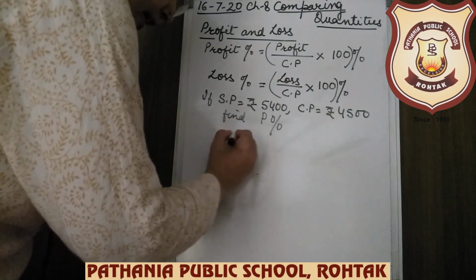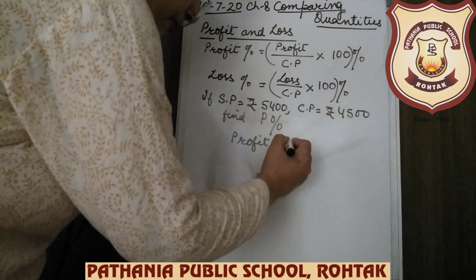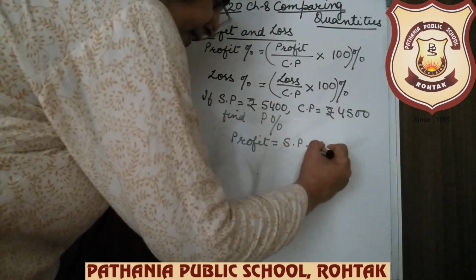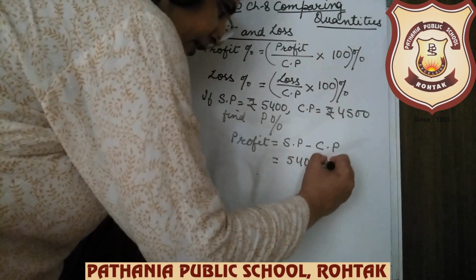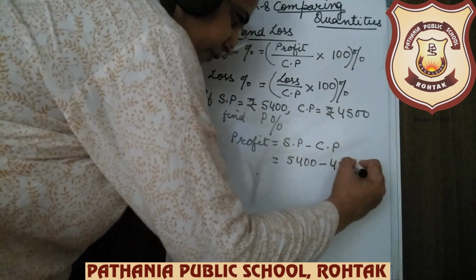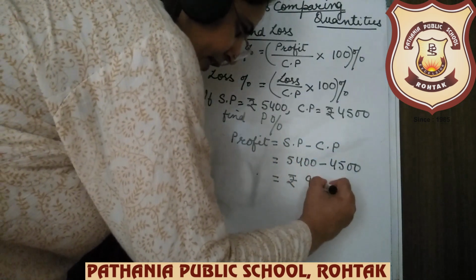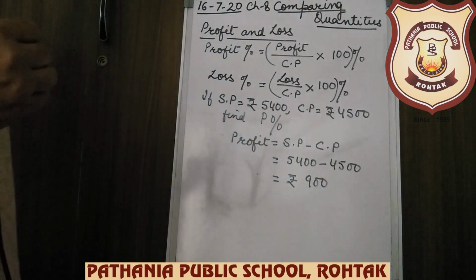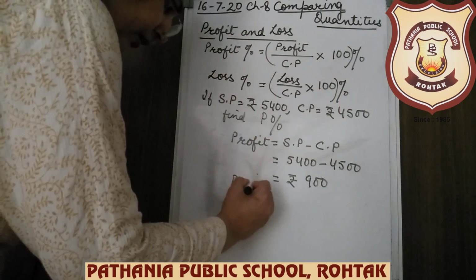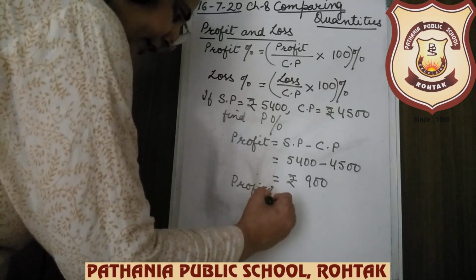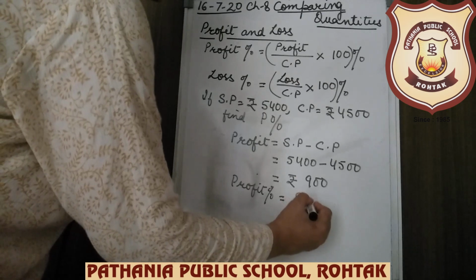So first calculate profit. Profit is equal to SP minus CP. SP is your 5400 and CP is your 4500, and profit is rupees 900. Is this clear? Now put the value in the formula. Profit percent is equal to, what is profit? 900.